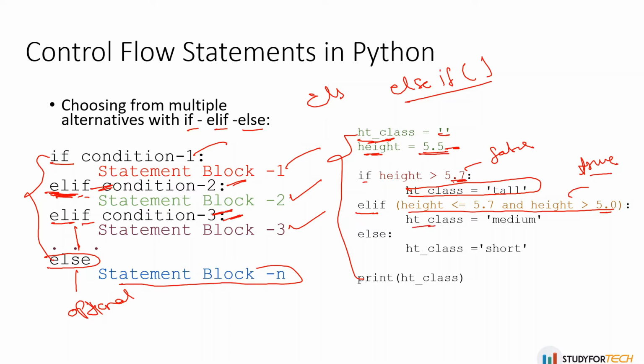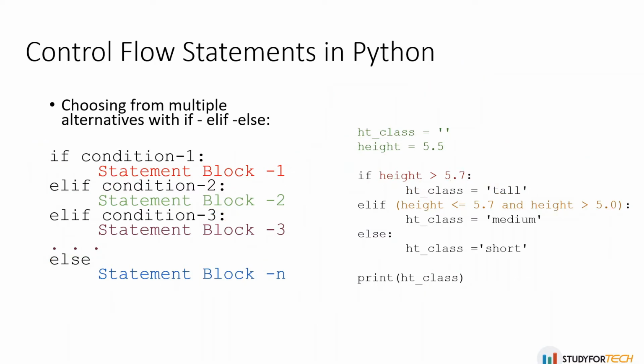So st_class will be assigned a value of medium. Then it will not go to the else part, and it will come directly to print st_class, and it will print medium.